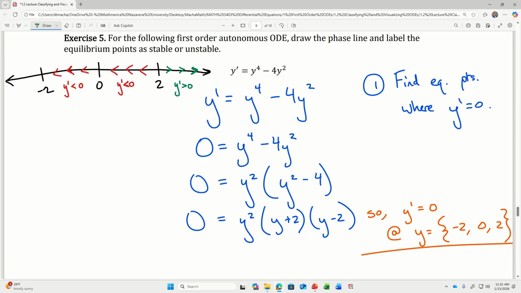And then the last question we have to ask is about this interval from negative infinity up to negative 2. What if y is equal to negative 3? If y is negative 3, then this is 81 minus 36. So y prime is positive over here. And where y prime is positive, my solutions are going to be moving to the right.